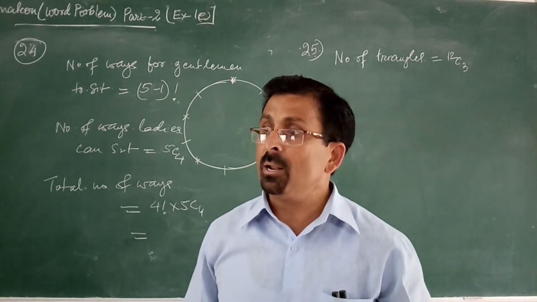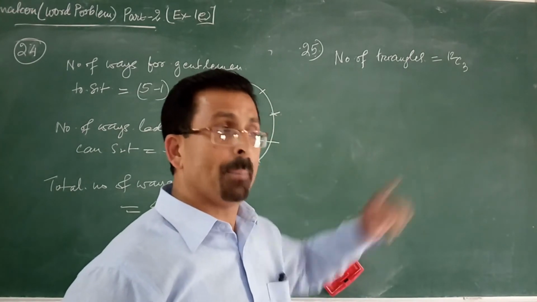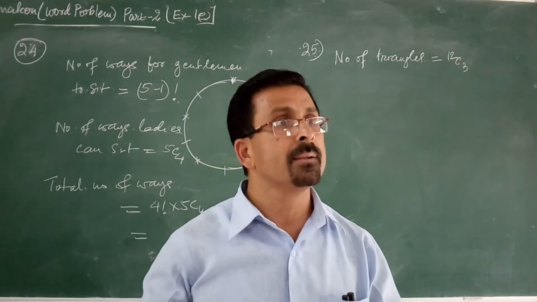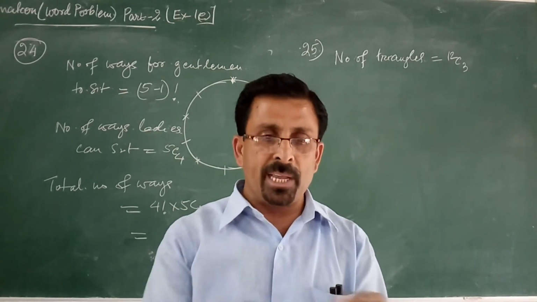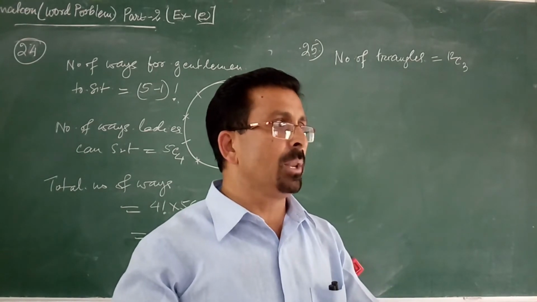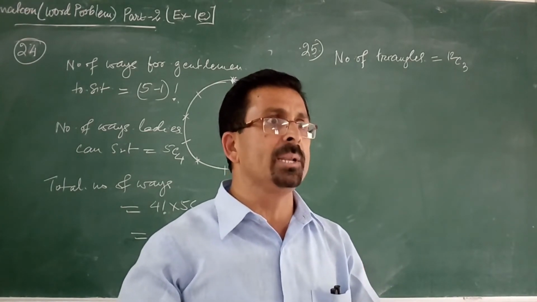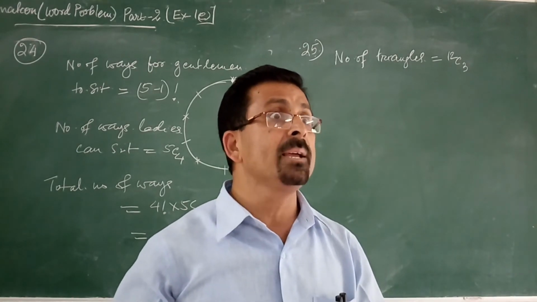If the points are all non-collinear, then we can have this many triangles. But there are some points which are collinear. And if you have points collinear, you cannot frame a triangle. Just take a few points on the same line and then try to show me the triangle. You will not be able to show me the triangle because the points are collinear. That means those 5 points will not be able to give you any triangle.